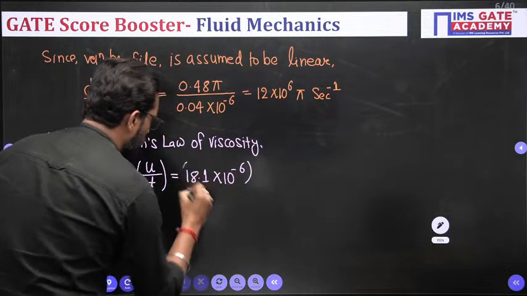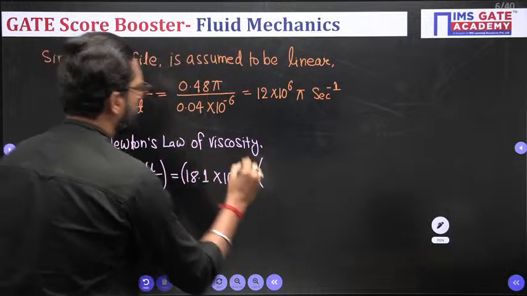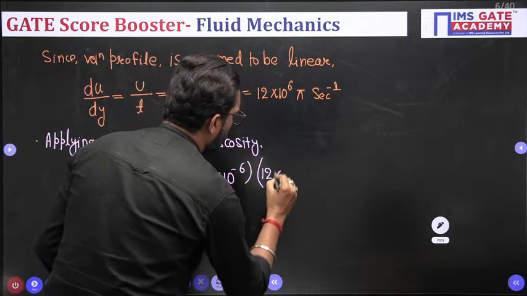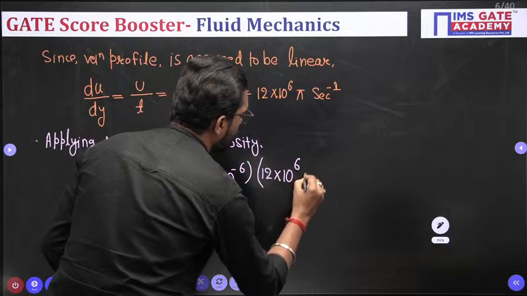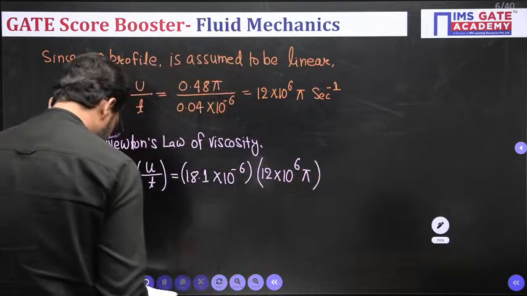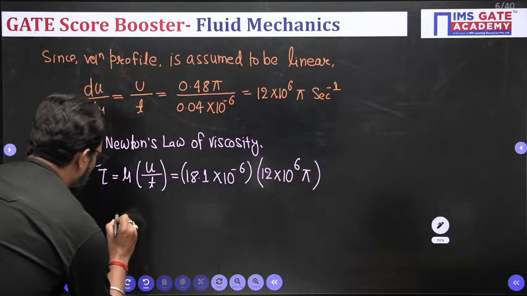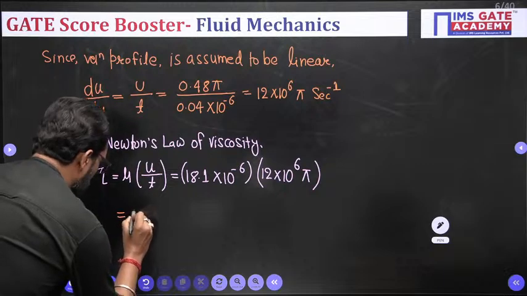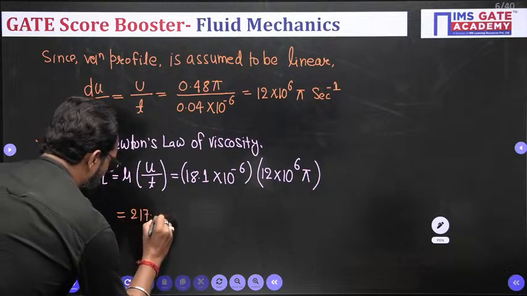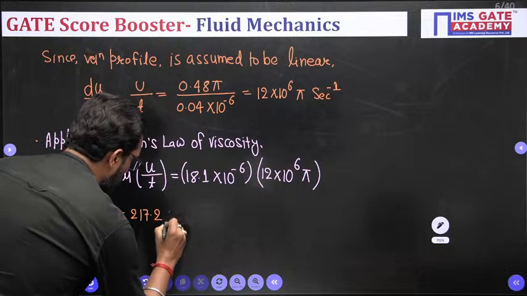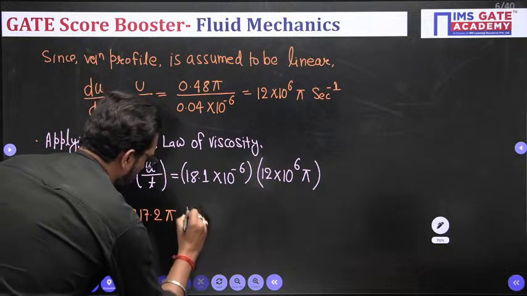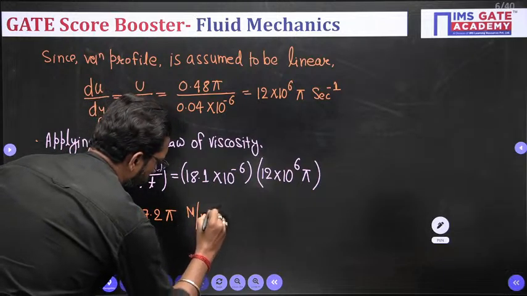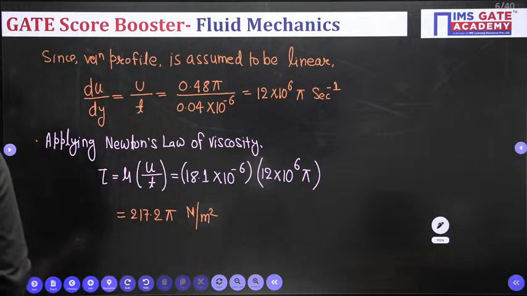This is your mu. And u by t is your 12 cross 10 to the power 6 pi. Clear? So if you calculate the shear stress, it is 217.2 pi Newton per meter square. Stress unit is force per meter square.